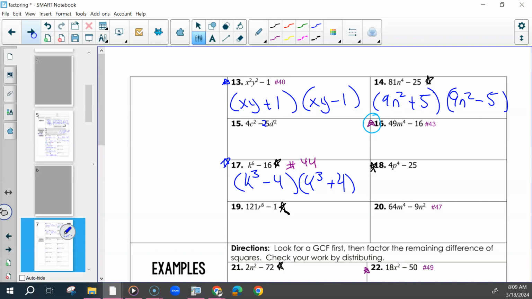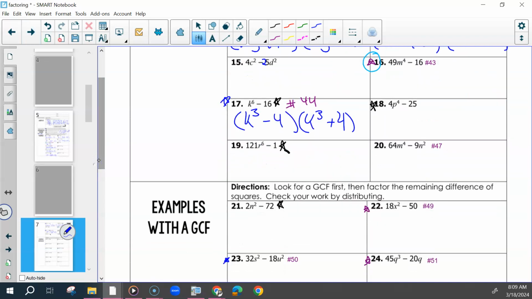Right, and then 19: 11r cubed minus 1 and 11r cubed plus 1.